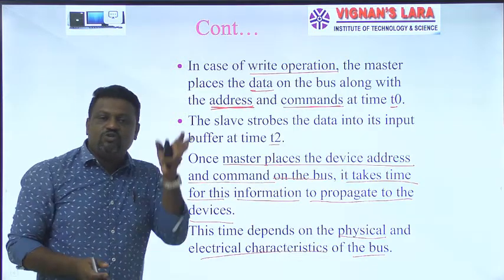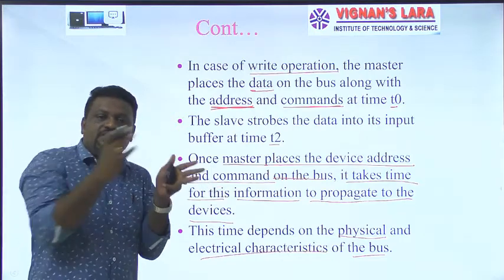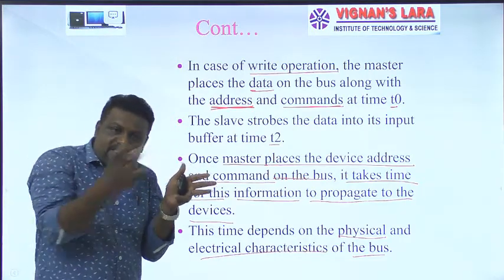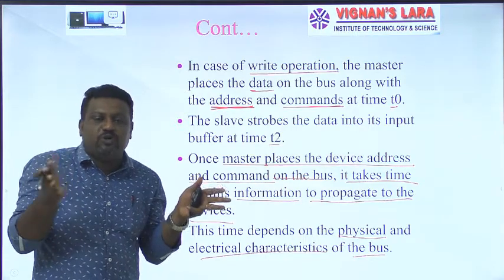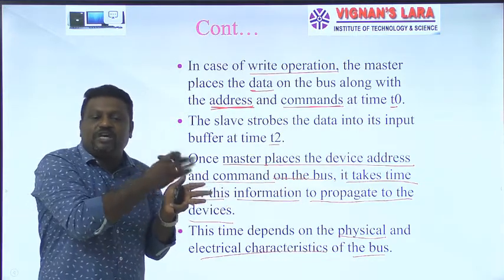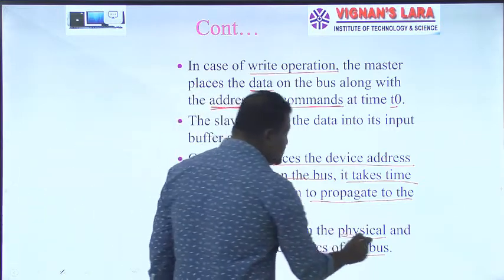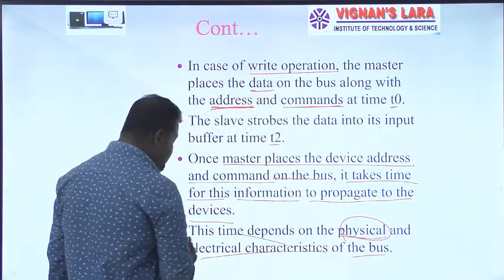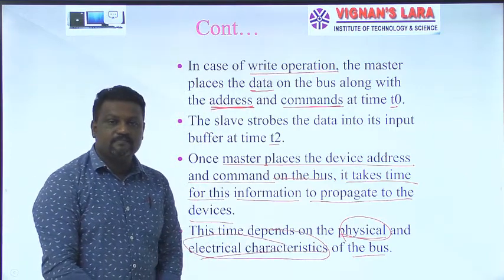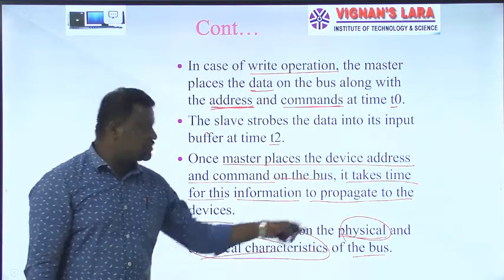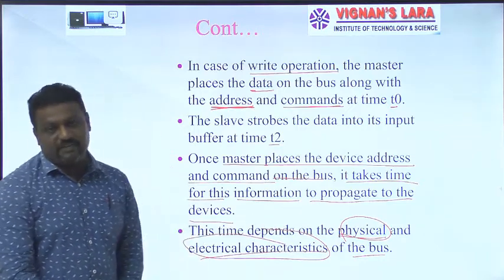That means once your CPU generates an address that can be received by all the devices, and those devices receive the command signals from the CPU end, how much time does it take for those devices to respond to the commands issued by the processor? It purely depends on the physical as well as the electrical characteristics of the bus. These two characteristics, the electrical and the physical, play a vital role.